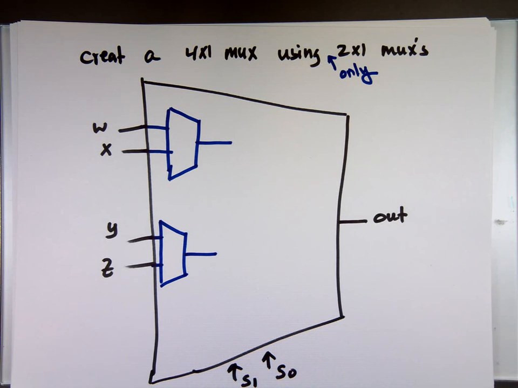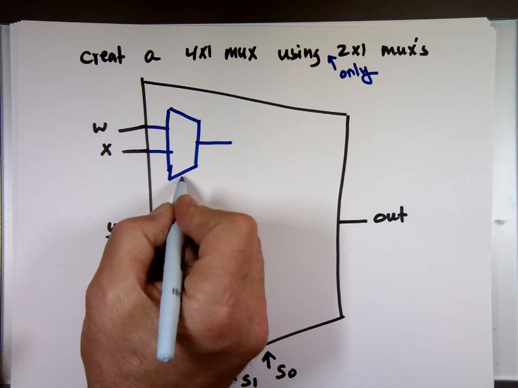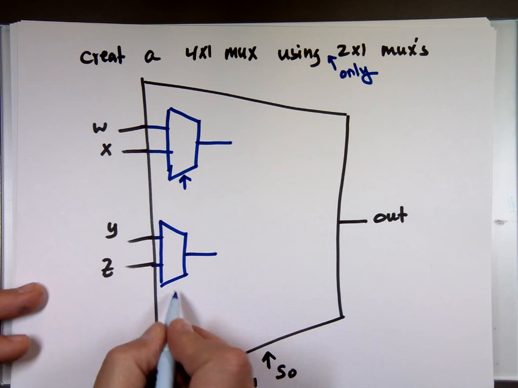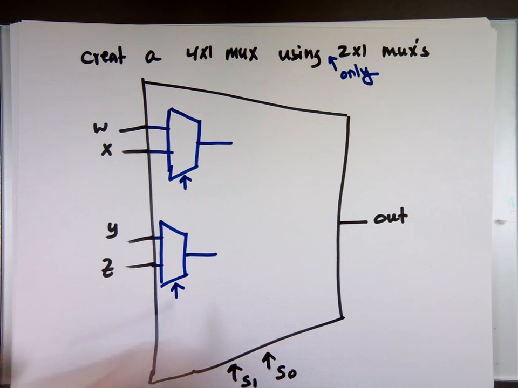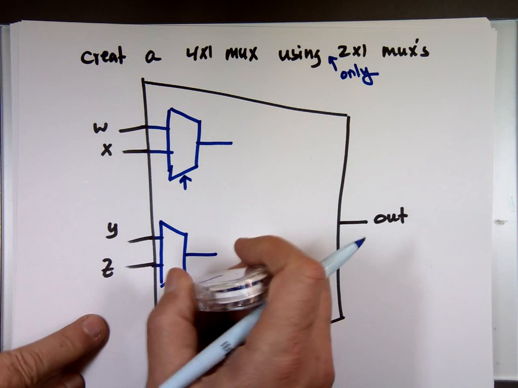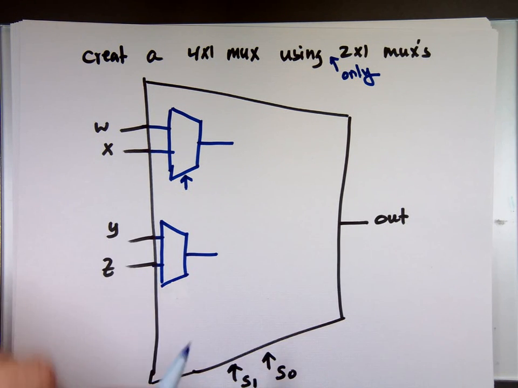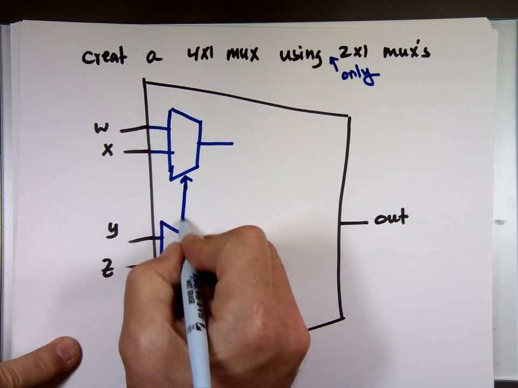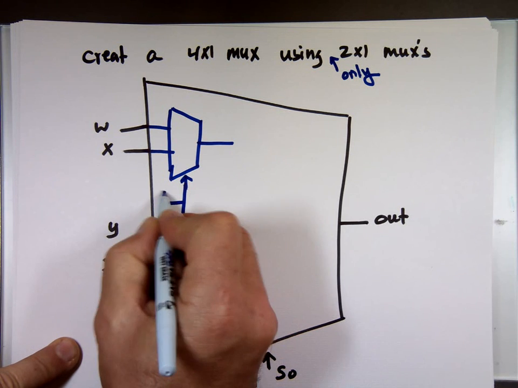Now, each one of these has one control signal. So what are you going to attach that control signal? S0. Let me put them right there. I'll do like this. That's my S0.